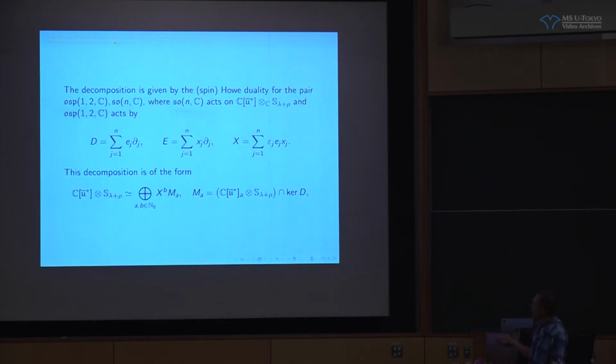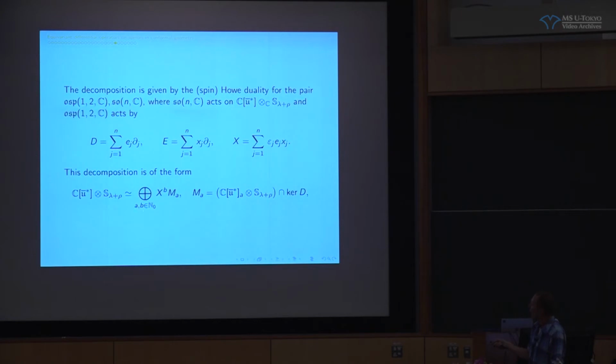Consequently, this vector space can be decomposed as a direct sum of simple modules, which are of the form x to the power of b times M_a, where M_a is the space of spinor-valued polynomials which are in the kernel of the Dirac operator. They are called monogenics, similar to harmonic polynomials for polynomials without values in spinors, and a just means their homogeneity.